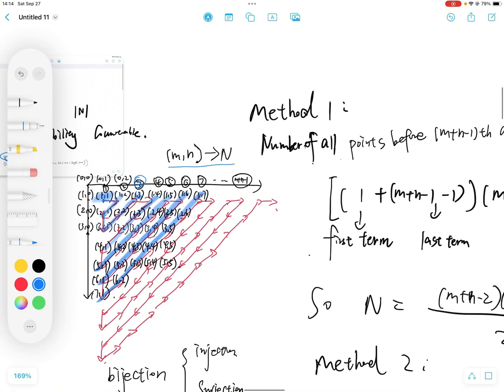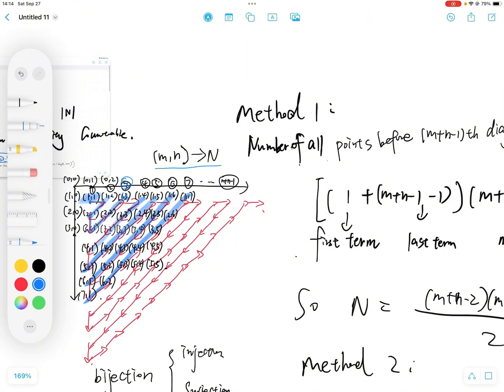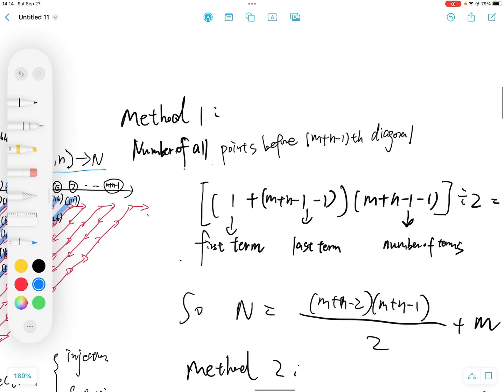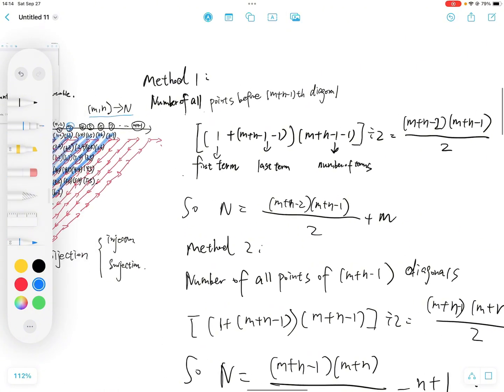The first term is 1 because the first diagonal only has 1, corresponding to the natural number 1, and the last term is just the m plus n minus 1 diagonal's number, minus 1, and the number of terms is also this.